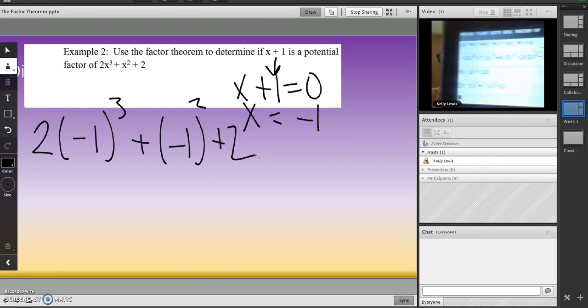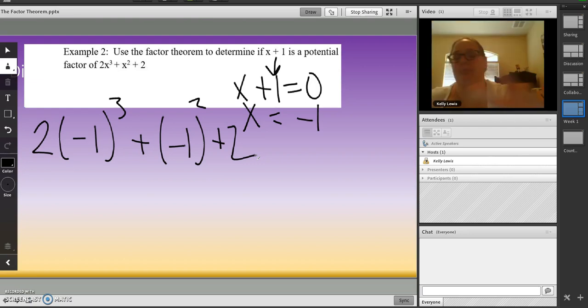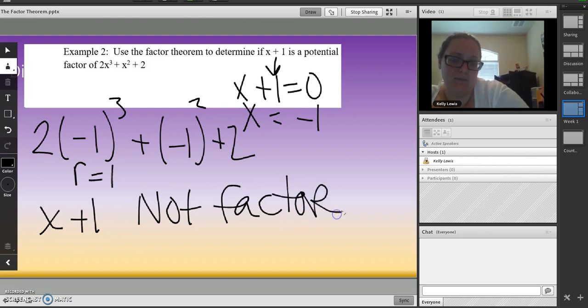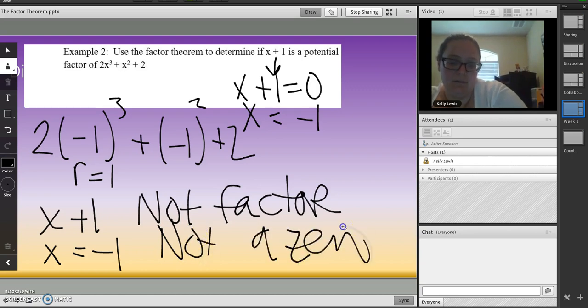Okay, and I typed it in my calculator. I got 1. So the remainder is 1. So that means that x plus 1 is not a factor. And that means that we'll learn later that x equals -1 is not a 0 because the remainder was not 0.